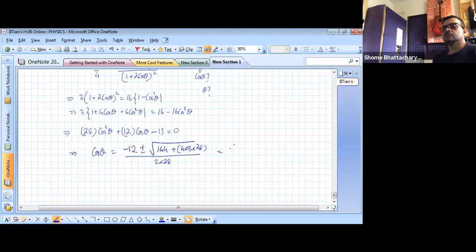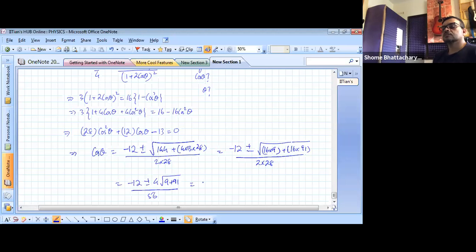So you can see that this you can take, and write that as minus 12 plus minus 4 times square root of 9 plus 91 by 56.